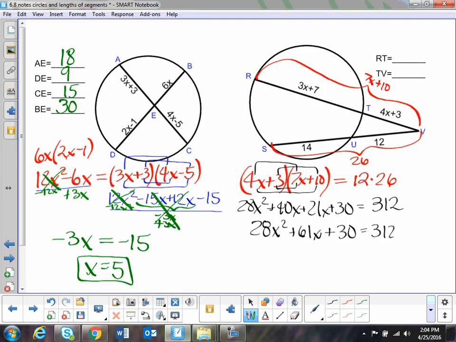Not minus 30. Subtract 312. We want to set it equal to 0. Subtract 312, so that way it's equal to 0. So we have 28x squared plus 61x minus 282, what?